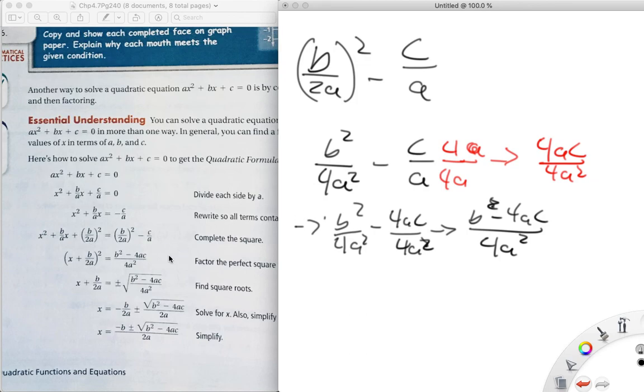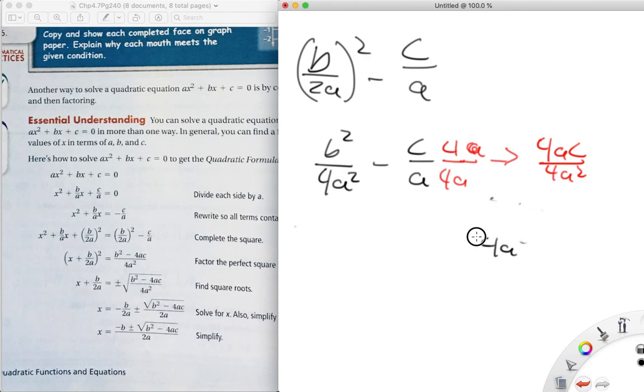Then we square root both sides. So we square root that and get rid of that. That gives me the b over 2a over here, plus or minus, because we're square rooting this side, b squared minus 4ac over 4a squared.